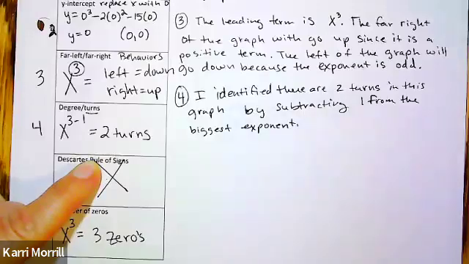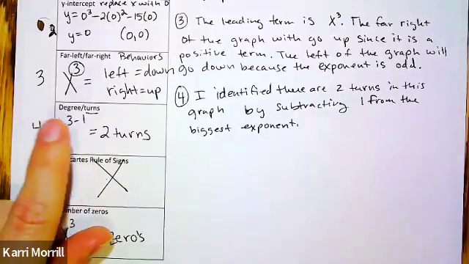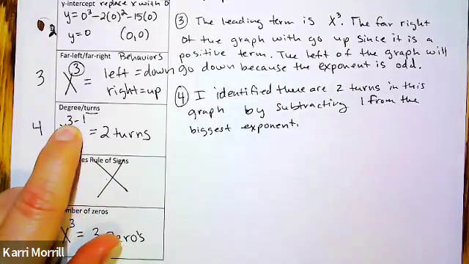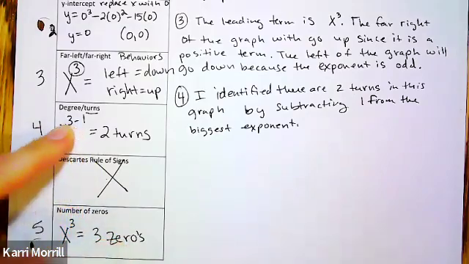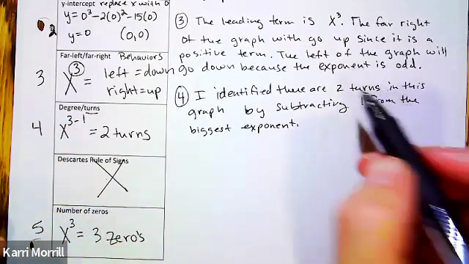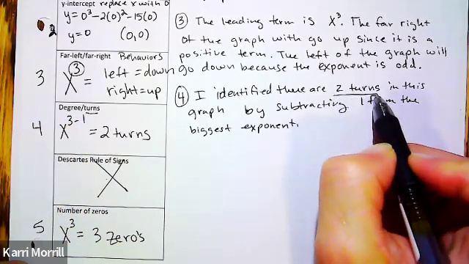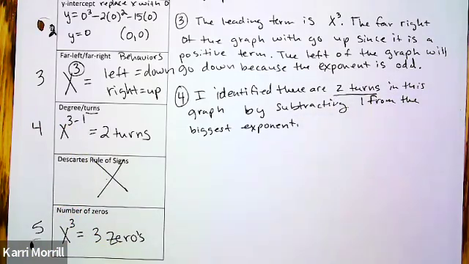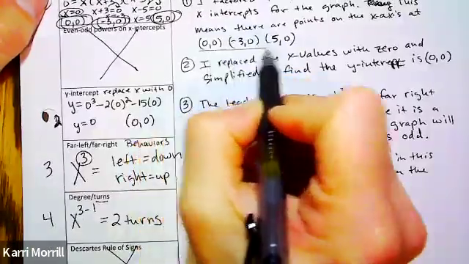You could say the leading term's exponent because the leading term always has the biggest exponent, or you could just say one from the biggest exponent. So you've told me there's two turns. So when you're writing this in a sentence, not only are you telling me what you did, you're telling me what you found as well.